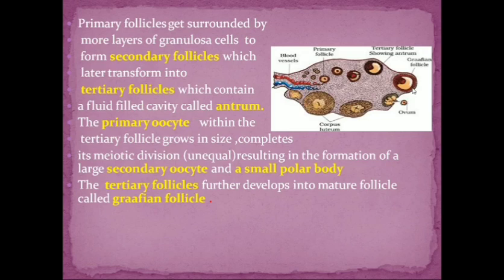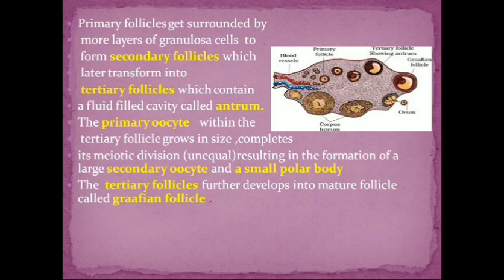Now, inside the tertiary follicle, once the primary oocyte completes its meiotic division, what is found inside is the large secondary oocyte. Now, the tertiary follicle further develops into a mature Graafian follicle. So, what is found inside this mature Graafian follicle? It will be the secondary oocyte, which is haploid. Whereas in the tertiary follicle, what do you find? The primary oocyte, which is undergoing or completing meiotic division.